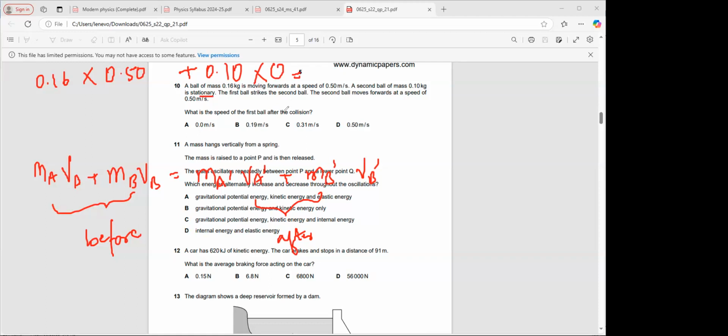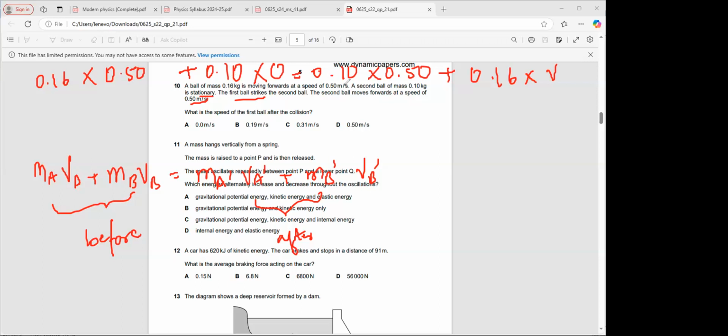This is equal to, now let's come to the next part. What is the mass? For this it is 0.10, right? And it is moving with 0.50 plus. What is the mass of the first ball that was there? Mass is 0.16 and velocity we don't know. So this is the equation. So this term will be 0.